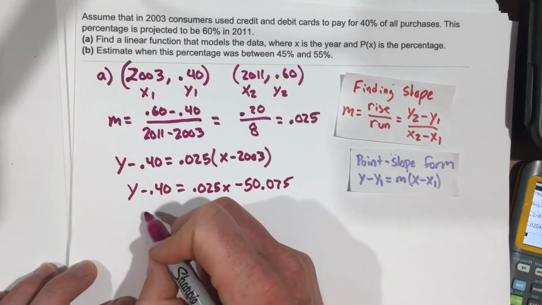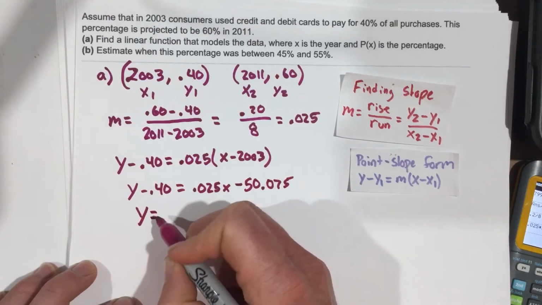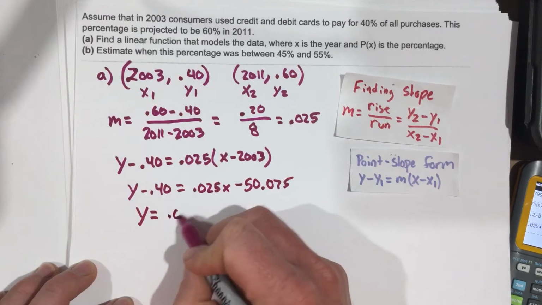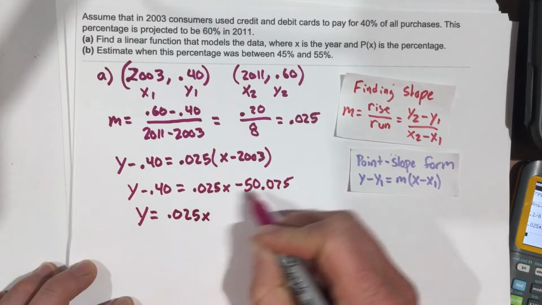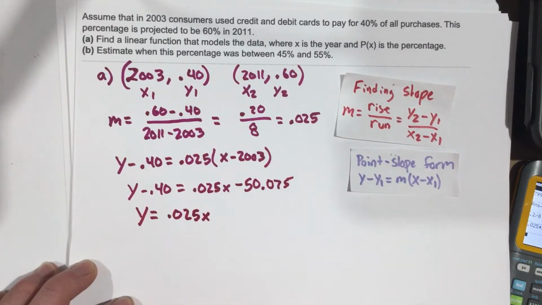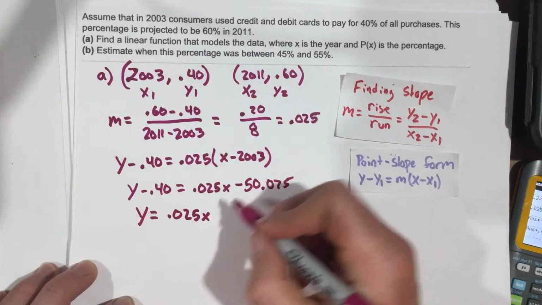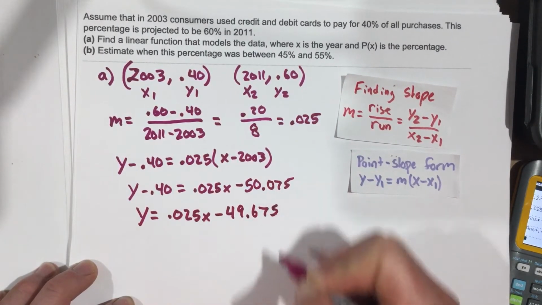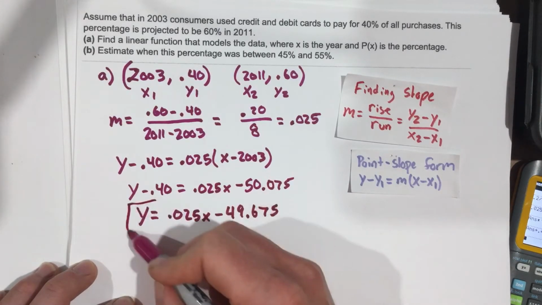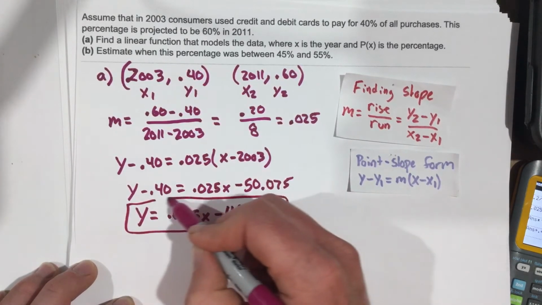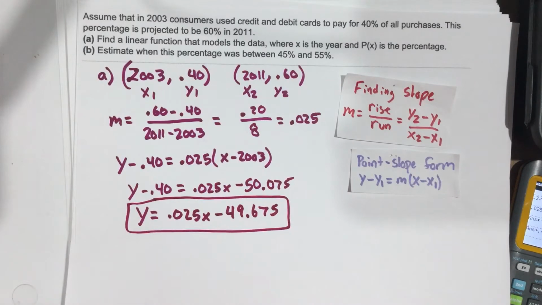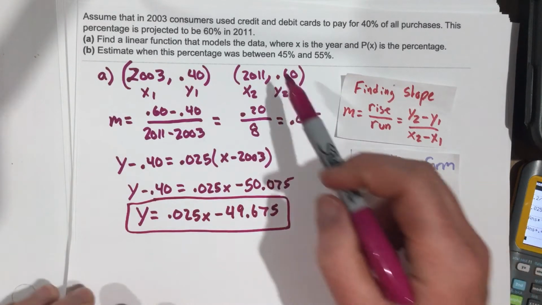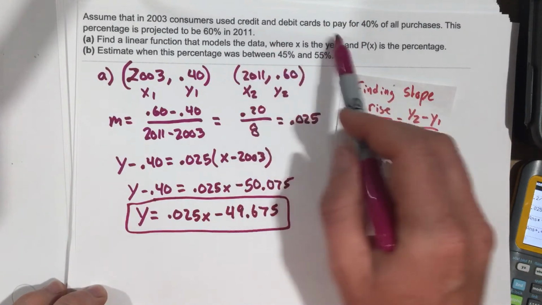Add the 0.4 over, we get y equals 0.025x. We're going to add 0.4 to this. So we're going to say minus 49.675. So this right here is our linear function that models the two data points that we were given.